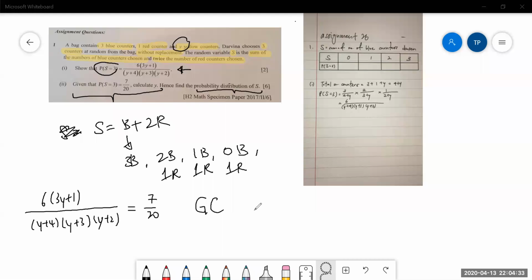Plot the graph. Bring 7 over 20 to the left-hand side, then you will get the expression minus 7 over 20 equals 0. Plot this graph and find the roots.